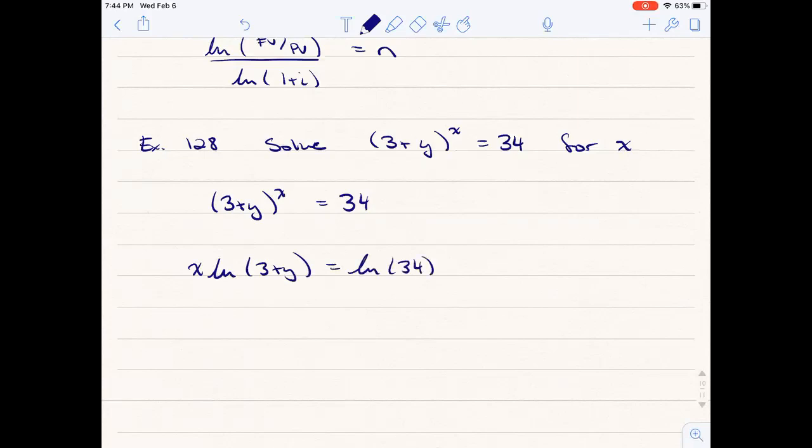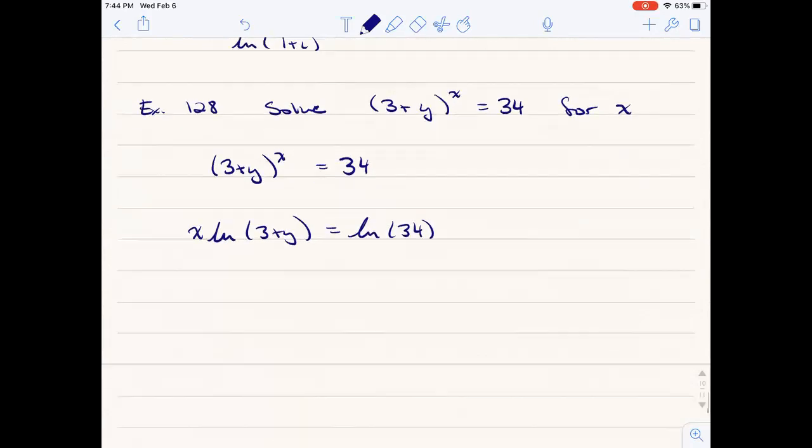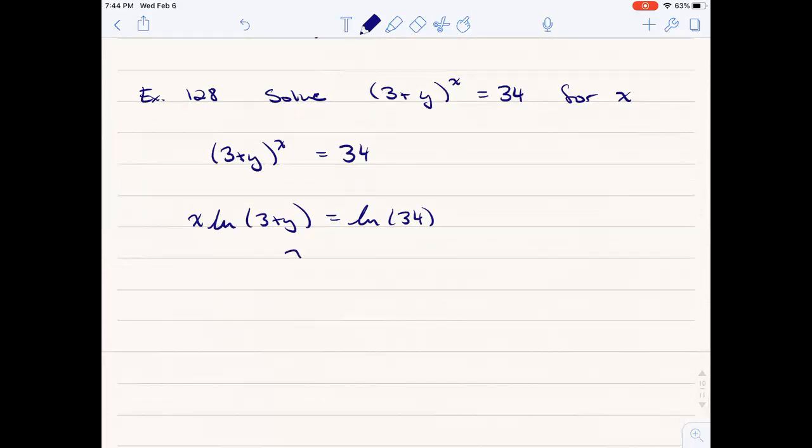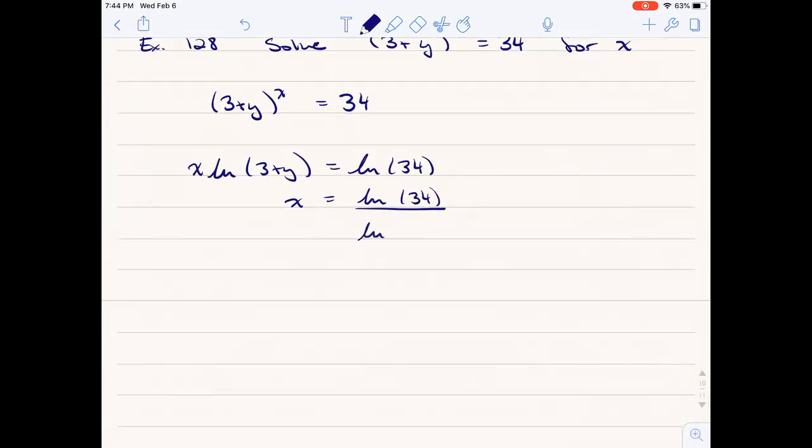Remember, it's really important that you do take the log of both sides, right? Otherwise, it's not staying equal. So now I can solve for x. x is going to be the log of 34 over the log of 3 plus y.